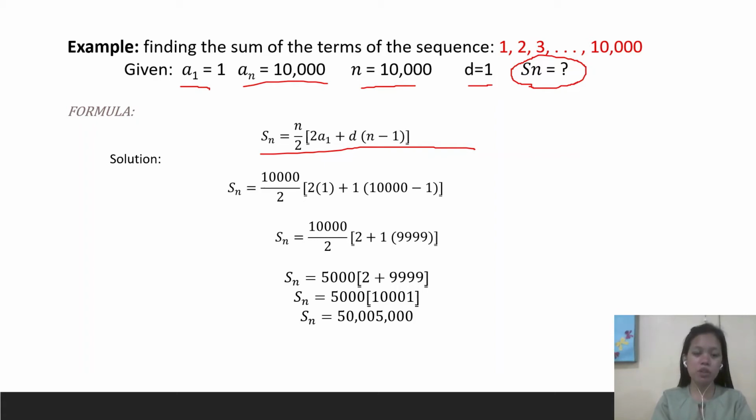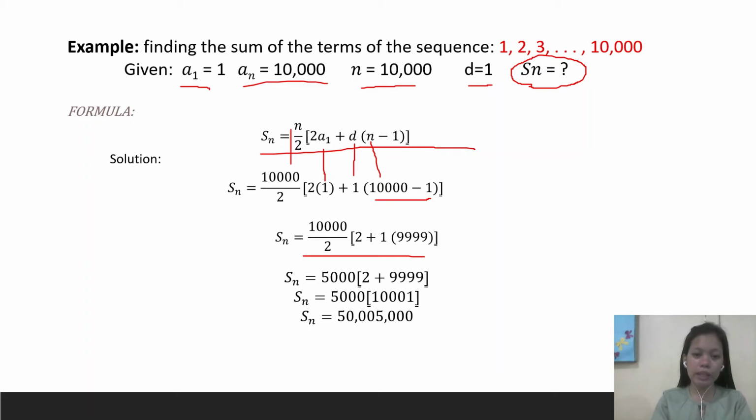Our solution is to substitute all the given numbers into the formula. So we have S sub n is equal to 10,000 over 2 times 2 times 1 plus 1 times 9,999, because we get 10,000 minus 1.